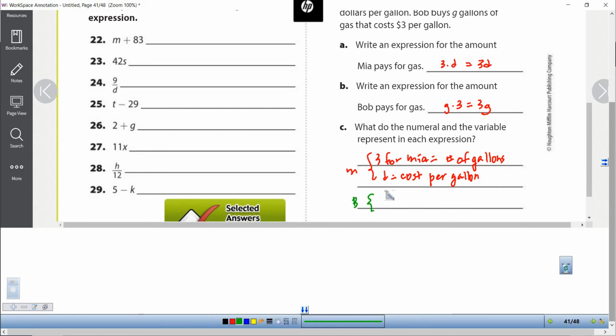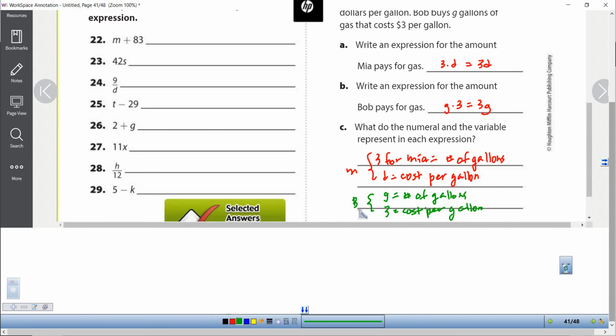For Bob, G is the number of gallons, and 3 is the cost per gallon. So it's important to notice here that the constant for Mia was the number of gallons and the variable was the cost, but for Bob it was just the other way around. The variable was the number of gallons and the constant was the cost.